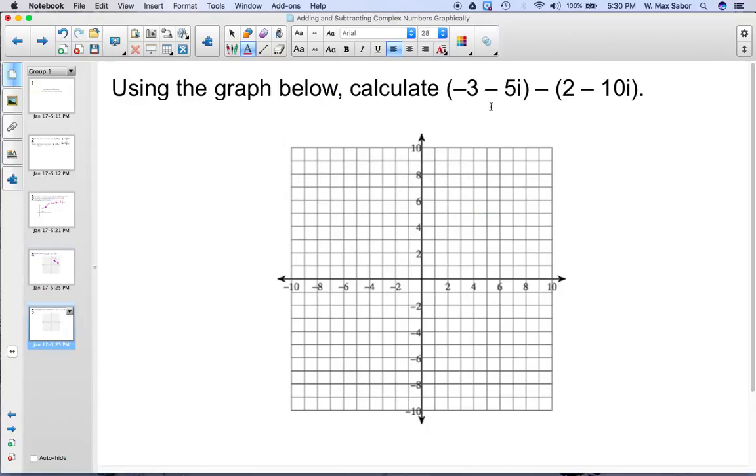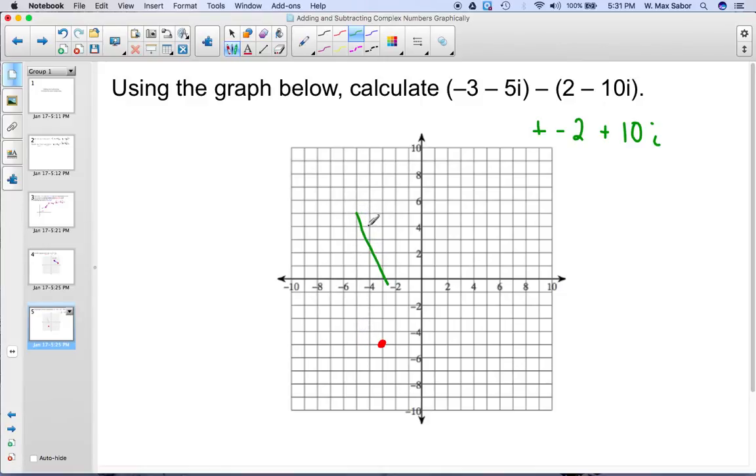If we were to calculate this, we start from the initial point of negative 3 minus 5i. Now, vector subtraction is the same thing as adding the opposite vector, so this is plus negative 2 plus 10i, distributing the negative. So we'll use minus 2 plus 10i.